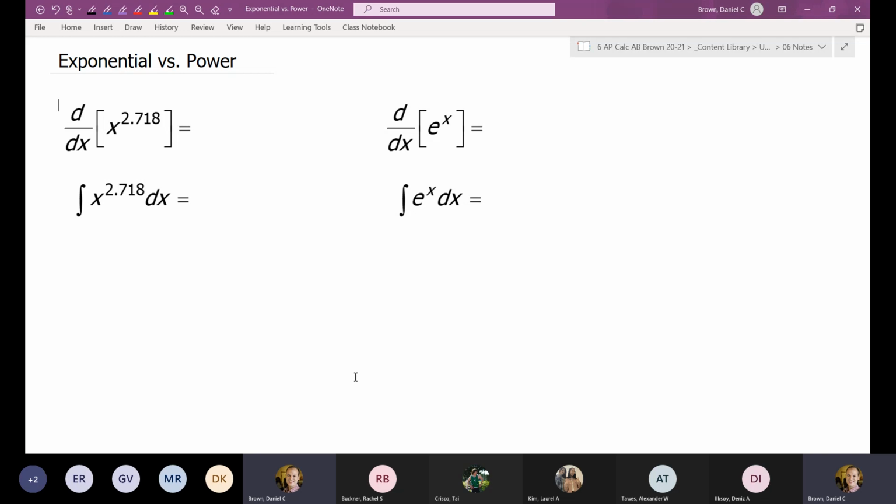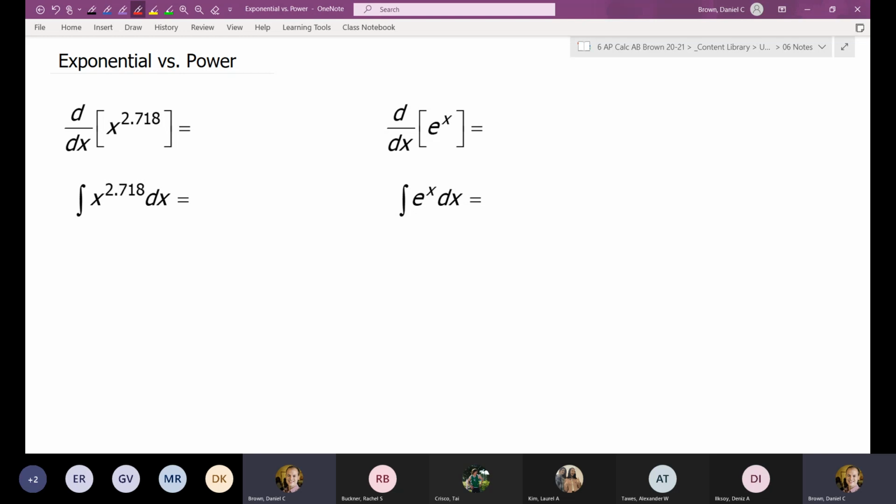The power rule is going to be used when you have x raised to a number. I know we normally look at something like x raised to a whole number, like x squared, x cubed, but it really can be when x is raised to any number. So I just picked a random number with a decimal. Actually, it's not too random, that's the approximation of e, but it's still a number. When we have x raised to a number, we can just use the power rule.